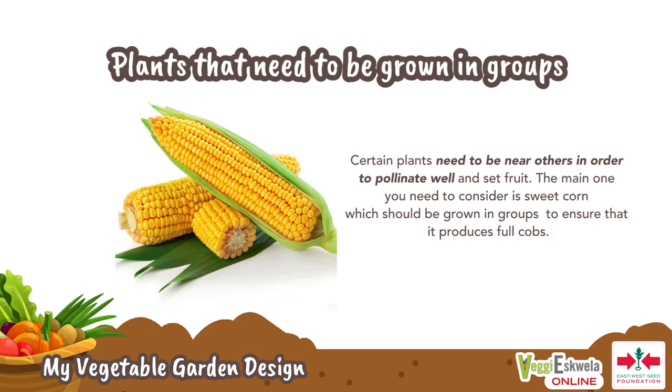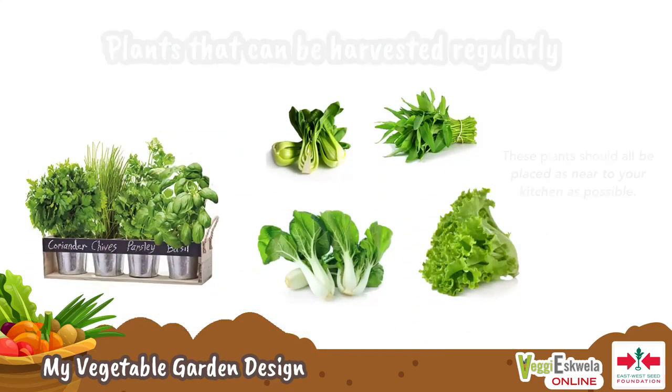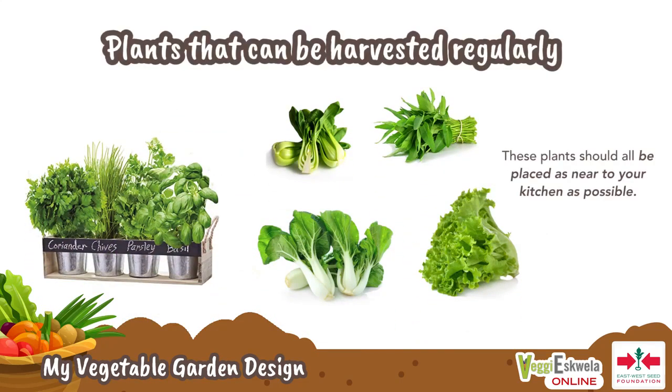The main one you need to consider is sweet corn, which should be grown in groups to ensure that it produces full cobs. What plants do you want to be able to regularly and frequently harvest? Herbs, salad greens, leafy vegetables, tomatoes, and others. These should all be placed nearest your kitchen.